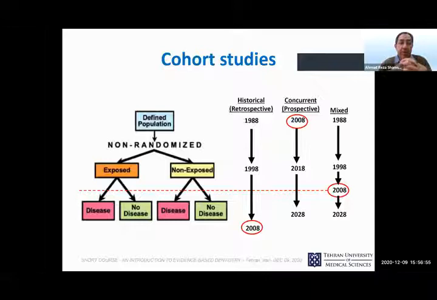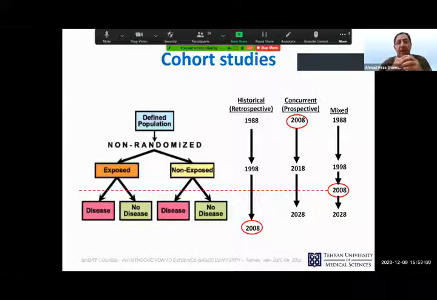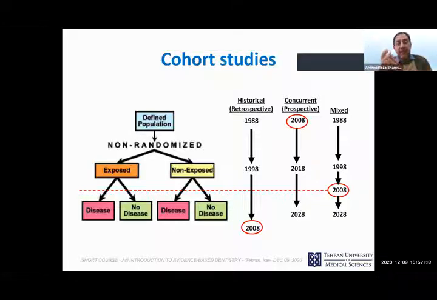For the cohort studies, we have a defined population which is non-randomly or naturally divided into a group of exposed and non-exposed population, and the investigator follows up these two groups and measures or investigates the outcome related to the exposure in the future.